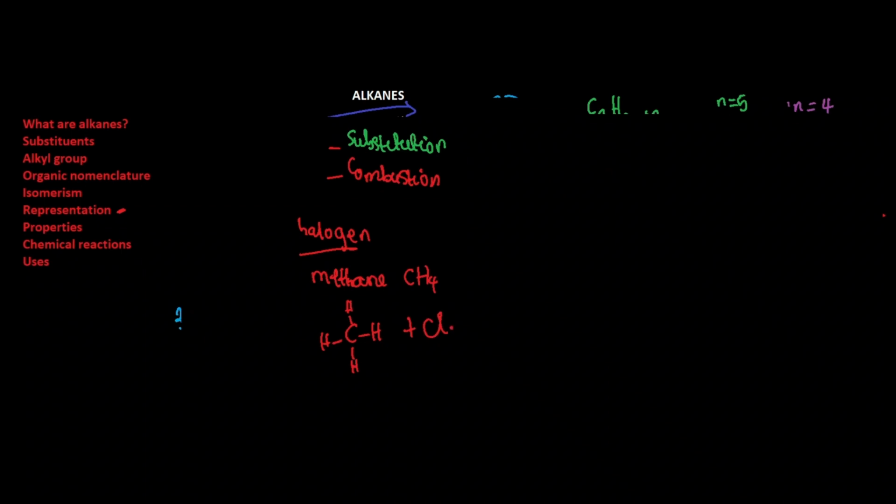Now we are going to add chlorine. Since chlorine is diatomic, one of the atoms in the chlorine molecule would displace a hydrogen and take its position, so we would form something like this.